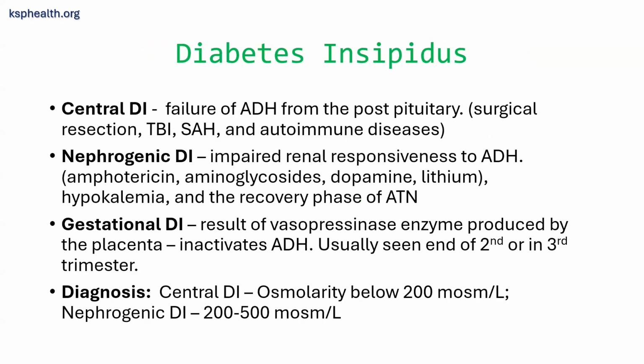One is central DI, that is failure of ADH release from the posterior pituitary. It happens in patients with surgical resection, traumatic brain injury, subarachnoid hemorrhage, and autoimmune diseases. The second category is nephrogenic DI, most likely the most common, because of impaired renal responsiveness to ADH, and that happens because of amphotericin, aminoglycosides, dopamine, and lithium, hypokalemia, and the recovery phase of acute tubular necrosis.